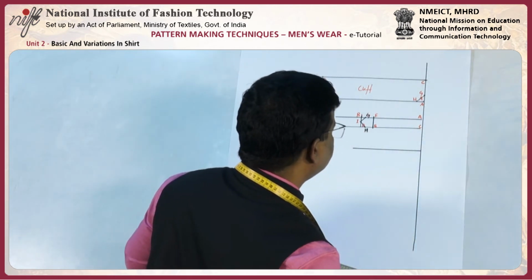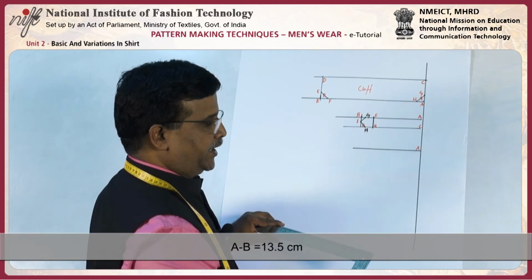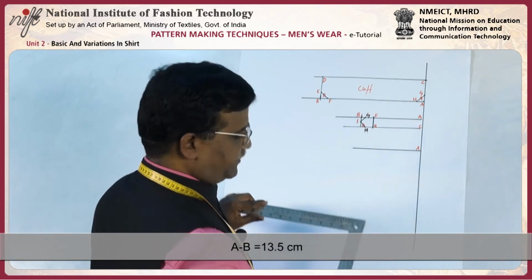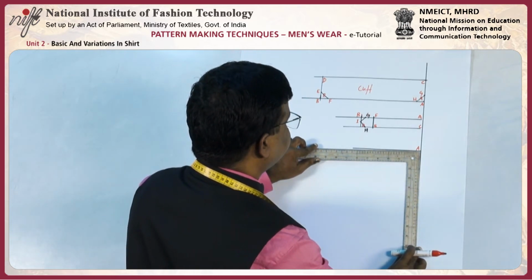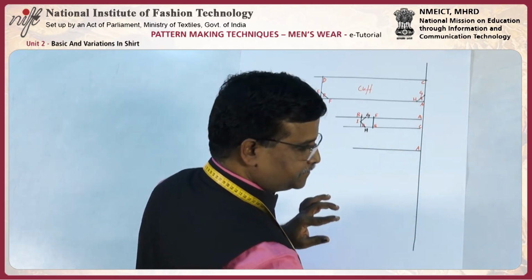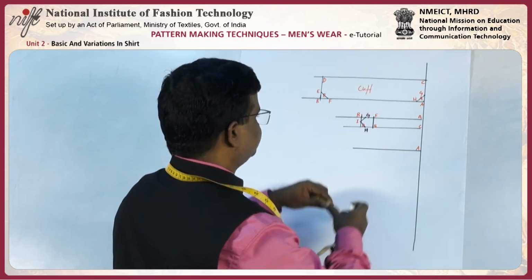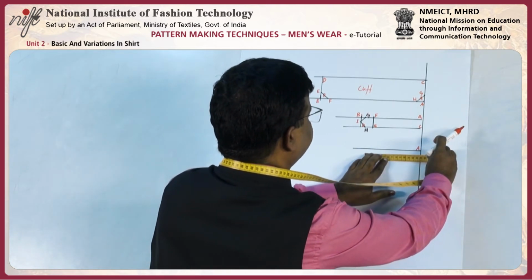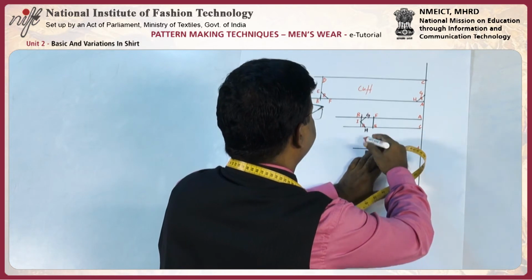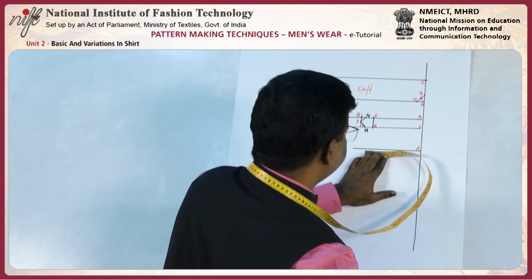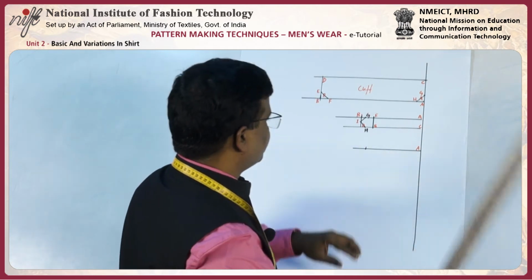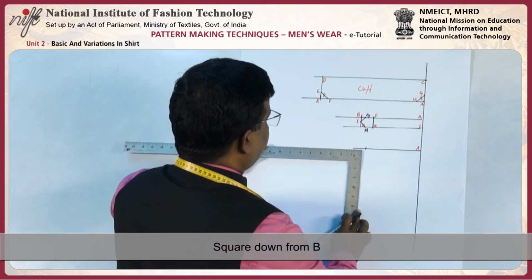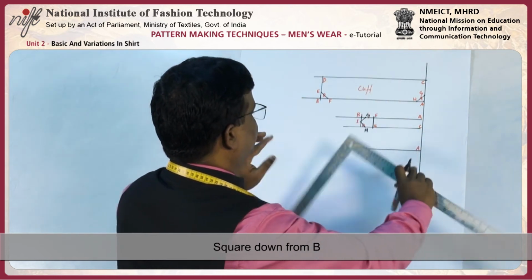Label A. A to B be 13.5 centimeter. From B, square down.